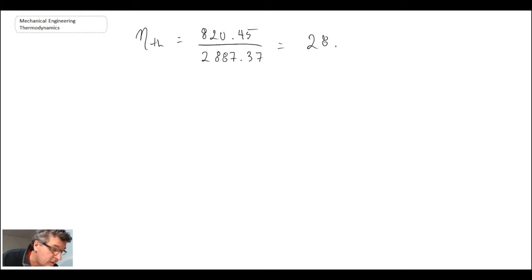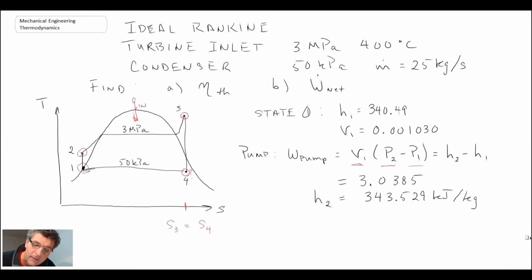And just like we would expect, it's not the greatest thermal efficiency. It's 28.4%. That's because we're expanding quite far into the two-phase region, and you lose efficiency as a result of that. Now, that was the first part of the problem.